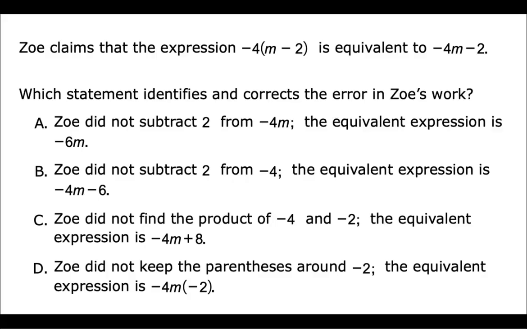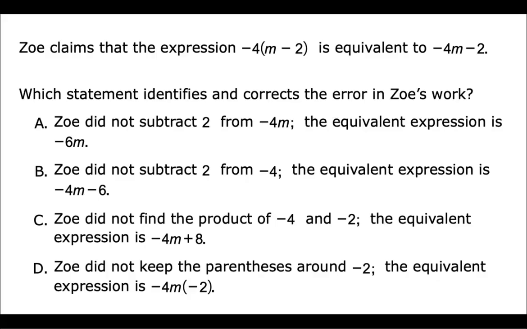Which statement identifies and corrects the error in Zoe's work? Choice A: Zoe did not subtract 2 from negative 4m. The equivalent expression is negative 6m. Choice B: Zoe did not subtract 2 from negative 4. The equivalent expression is negative 4 minus 6.